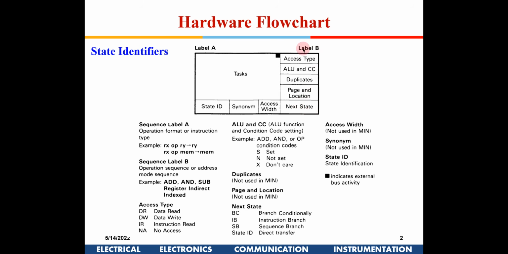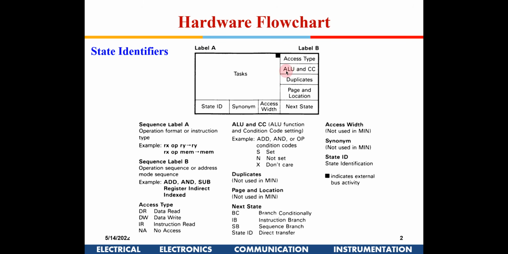So that particular small box within the big flowchart is supposed to do only add. So you have an ALU operation out here. You can specify that also here.